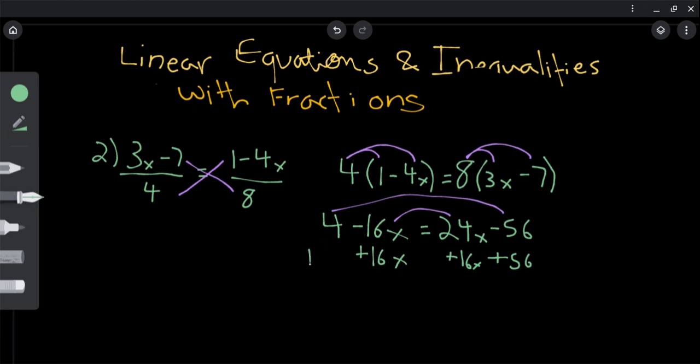And as you know, these will cancel out. All we'll have is x. And this will cancel out. So now we're left with 4 plus 56, which is 60.